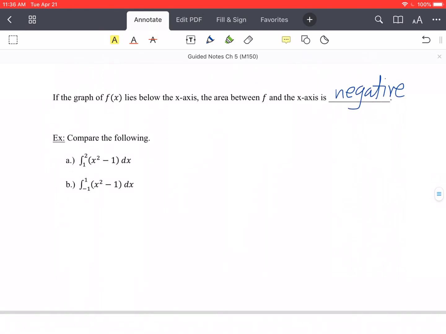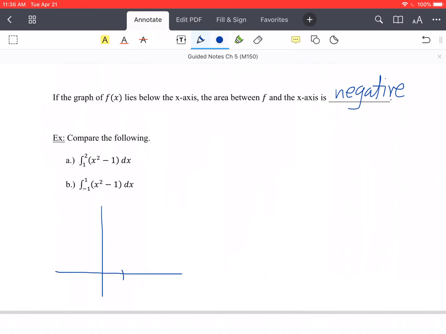So compare these integrals. We have the same integrand here: x squared minus 1. So let me go ahead and just get a rough sketch of the graph going here. Go 1, 2, 1, 2, 3, 4, down 1, 2. So plot a couple points here.